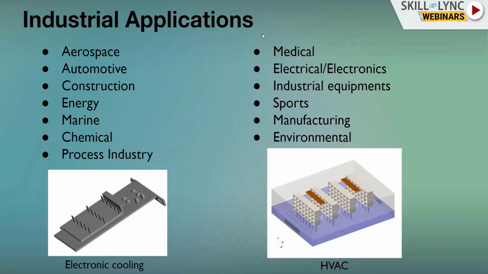So many of those designs and optimizations were using CFD. Sports industries were also using that. Like race cars, which is quite famous, and it is also being used in cycling, swimming, so many different sports, to train the sportsperson.